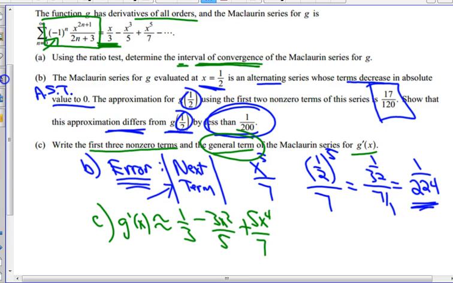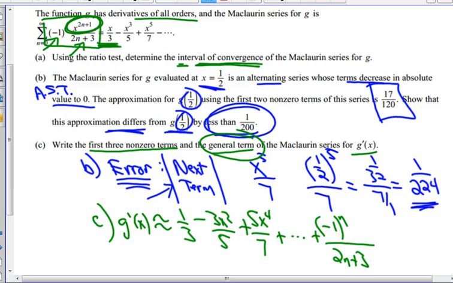The good thing is, negative 1 to the n is a constant, and 2n plus 3 is a constant. So I go plus, I've got that negative 1 to the n, constant, 2n plus 3, constant. Now let's take the derivative of x to the 2n plus 1.